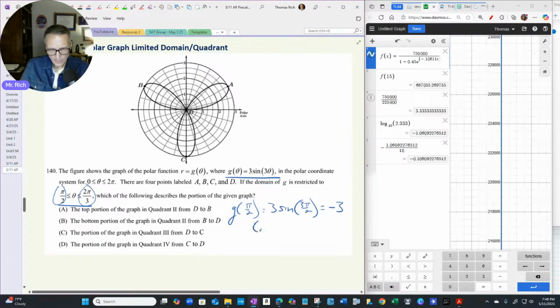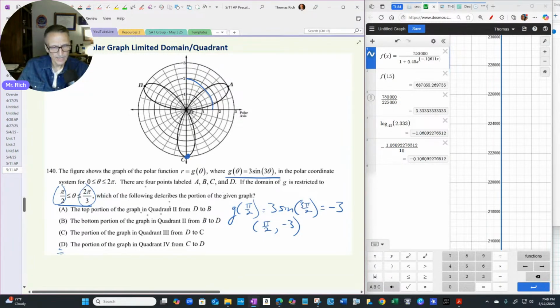So that means when I rotate pi over 2, I will be at an R of -3. That puts me at point C right there. Rotate pi over 2, but your R is -3. That means you count out 3 units on the back end of that rotation and you're ending at point C. Okay, so I'm already liking answer D right here.